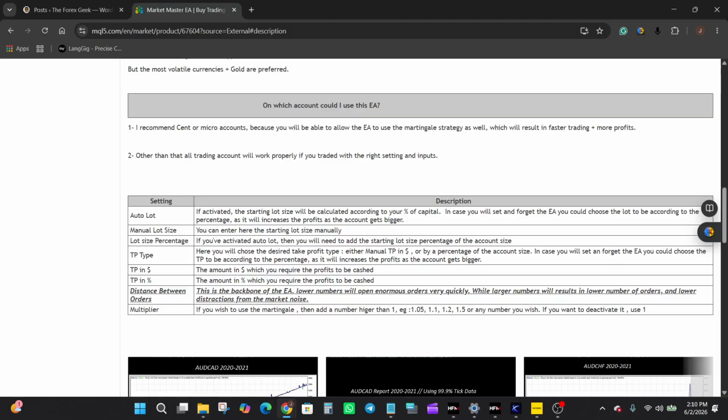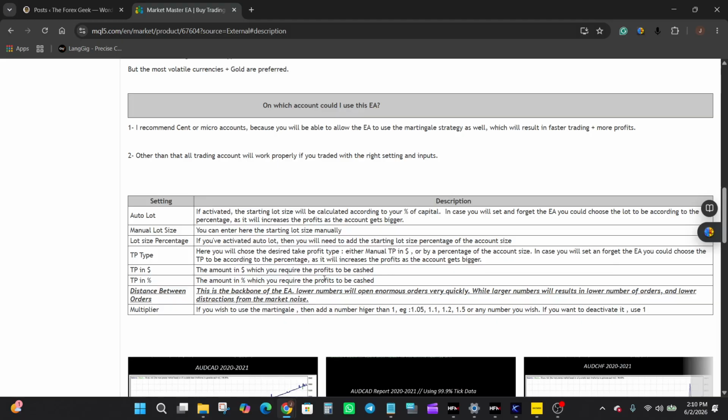Now, another major component here is the distance between orders. You can see that here. So this parameter is essentially the core of the system. From what is described, it controls how frequently positions are opened, and it directly affects how the EA behaves under different market conditions.